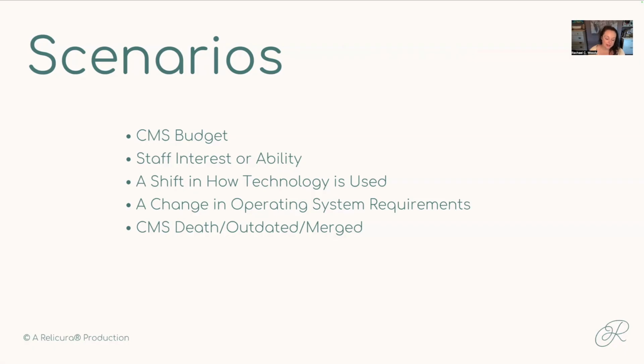And then finally, CMS death, outdated or merged. Throughout the last several decades, we have seen dozens of different archives and museum collections management systems and related tools that have come and gone. And that is a normal, natural process for many technology and especially software products.